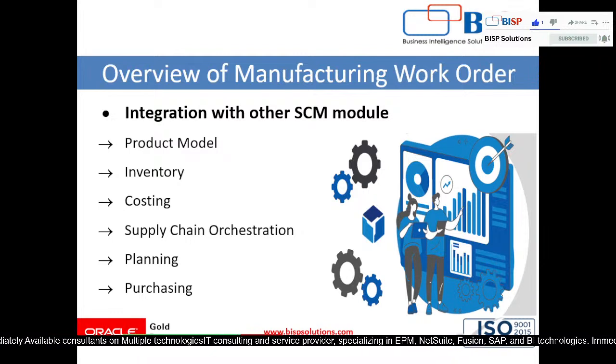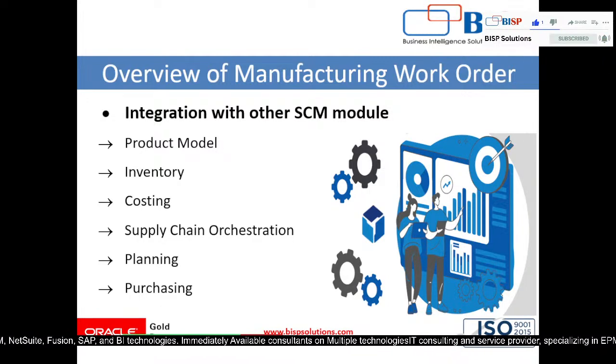And the manage work order features also provide the necessary services and events to integrate with other internal supply chain management modules for creation and change management of work order, right? You can see on this screen the integration with other SCM modules, right?